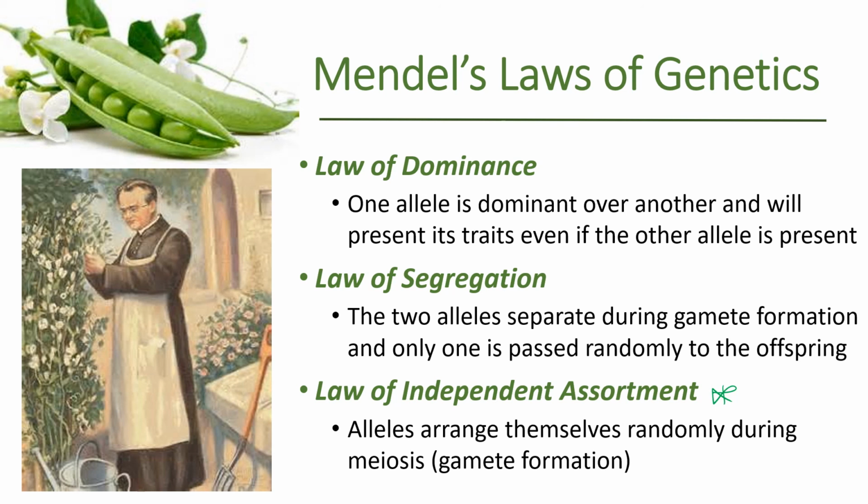But when meiosis is occurring, during meiosis 1, when I have all of my homologous chromosomes lining up on that metaphase plate, they line up randomly. I'm not going to get all of one parent's chromosomes on one side and all of the other parent's chromosomes on the other side. It's going to be a random mixing every single time they line up.